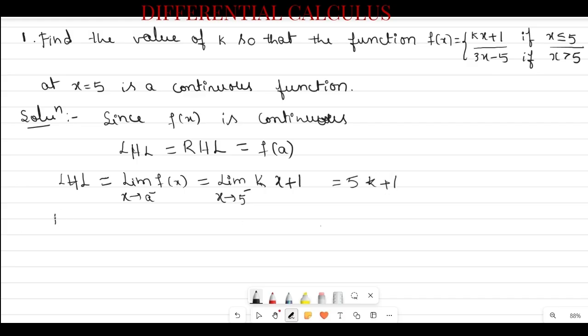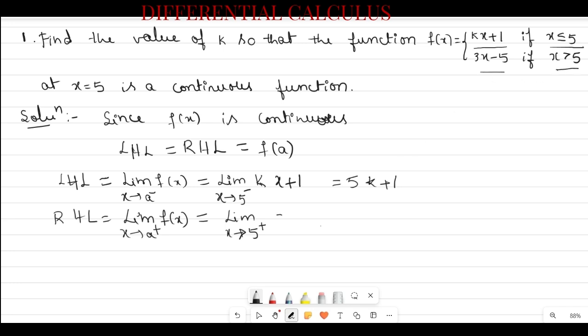Let's find out the right hand limit now. The right hand limit is limit of f of x as x tends to a plus. In the place of a, we are having 5, so we can write it as 5 plus. Wherever we are having the greater symbol, that corresponding function we must consider.